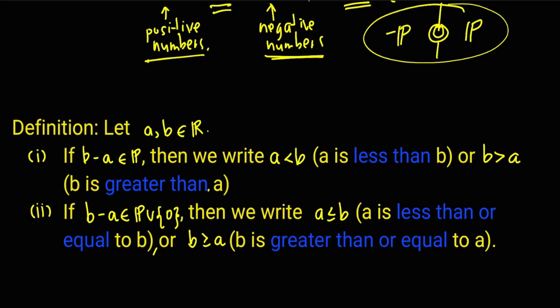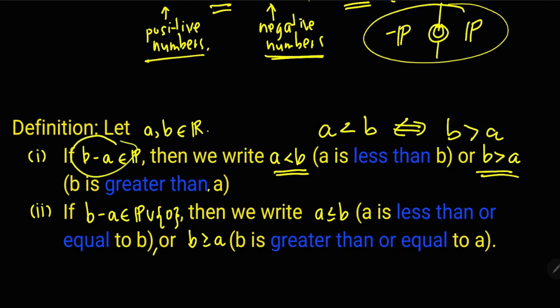We can write A is less than B, denoted by this symbol, or we can write B is greater than A, which is denoted by this symbol. Meaning, A is less than B if and only if B is greater than A. And that happens if B minus A is positive. So again, if you get the difference B minus A and the result is positive, that means A is less than B, or B is greater than A.